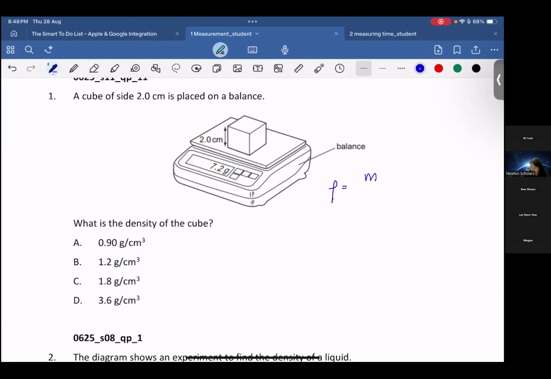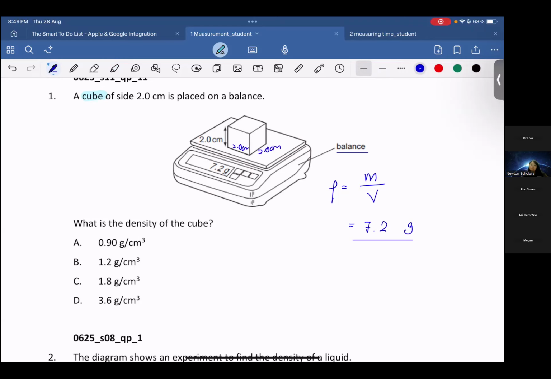Density is mass divided by volume. Look at the balance. These instruments we call balance. So the balance reads 7.2 gram divided by the volume. How do I know the volume? Because this is a cube. If cube, that means it has 2 cm, 2 cm, 2 cm.